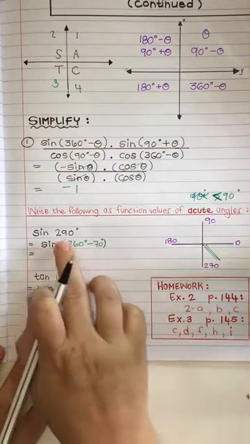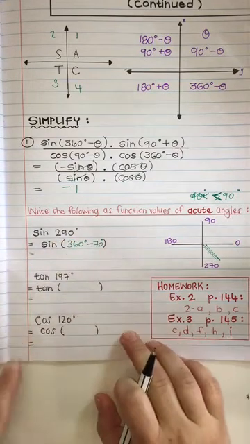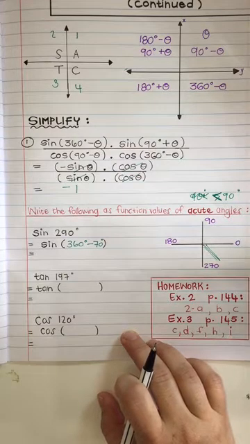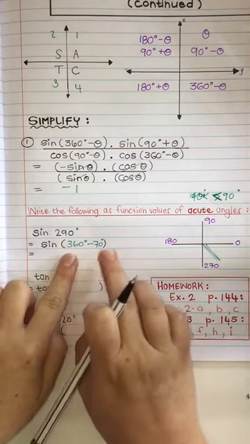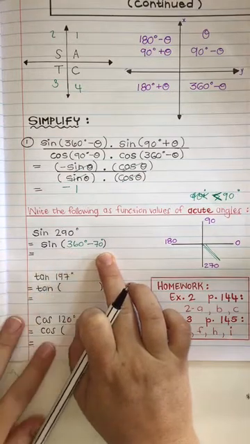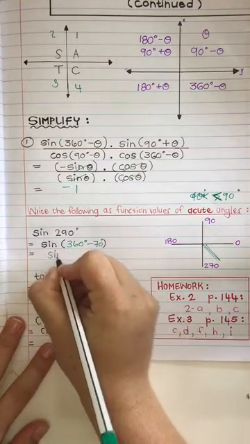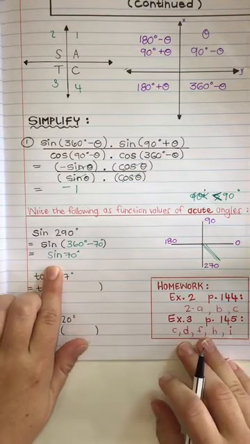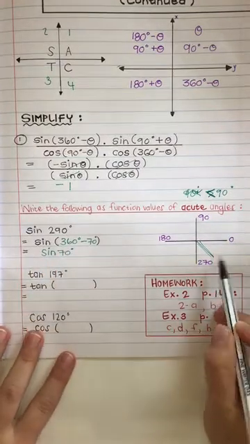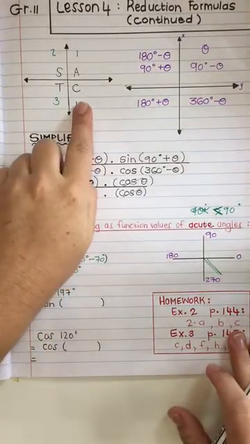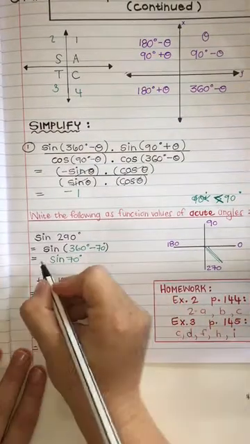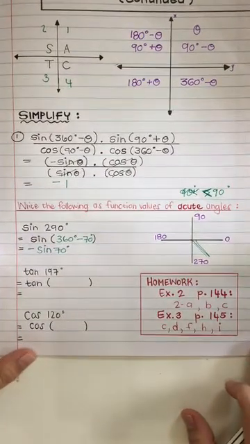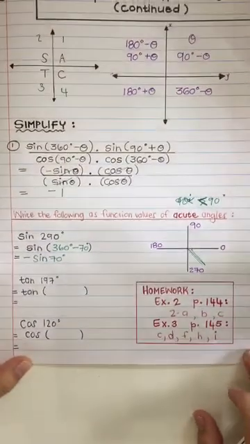Okay, so that is the same as that. And our rule says that sine of 360 minus any angle will be the same as sine of that angle, except we have to keep in mind, will it be positive or negative? Now in the fourth quadrant, only cos is positive. So it's going to be negative sine 70.